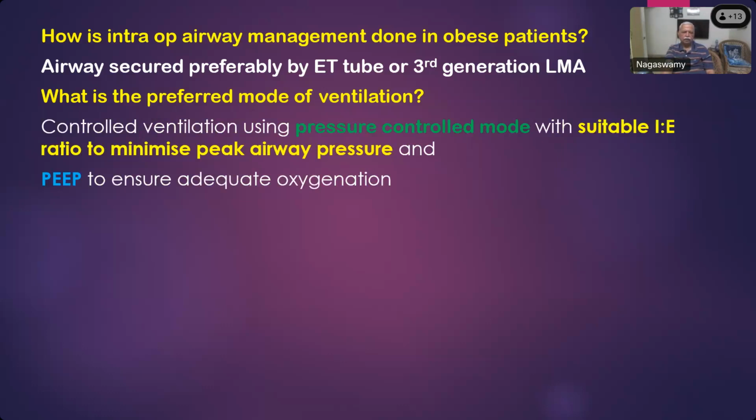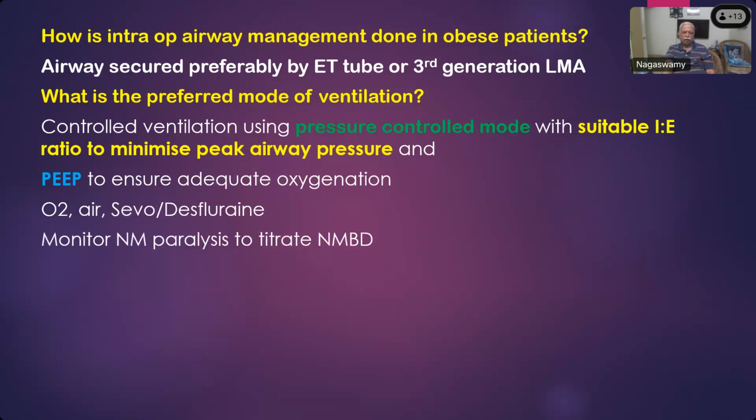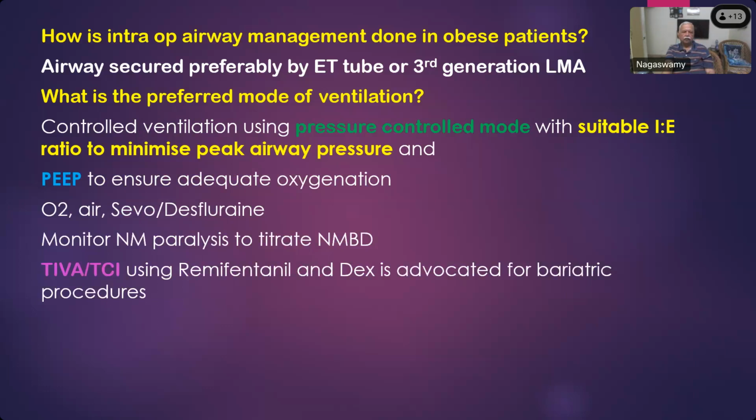Okay, so these are the things that you have to remember. And you can use a combination of oxygen, air, or desflurane, and monitor neuromuscular paralysis to titrate neuromuscular blocking drugs. Otherwise, you will end up with overdosage. And the TIVA or TCI using remifentanil or dexmedetomidine is advocated for bariatric surgery.